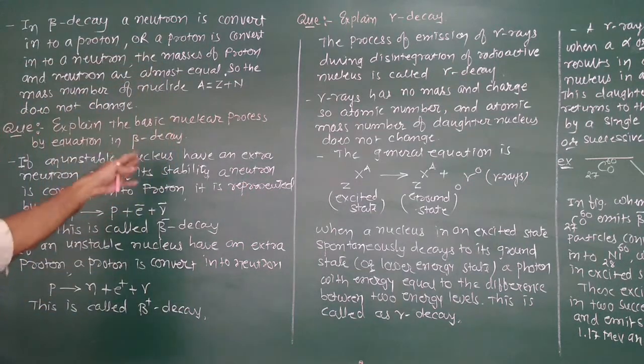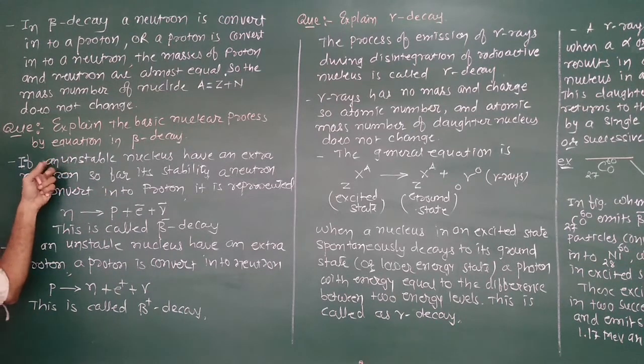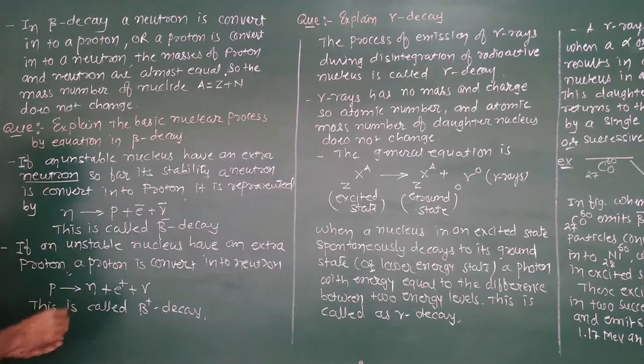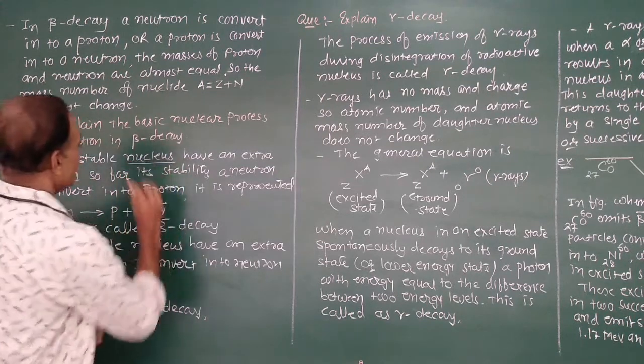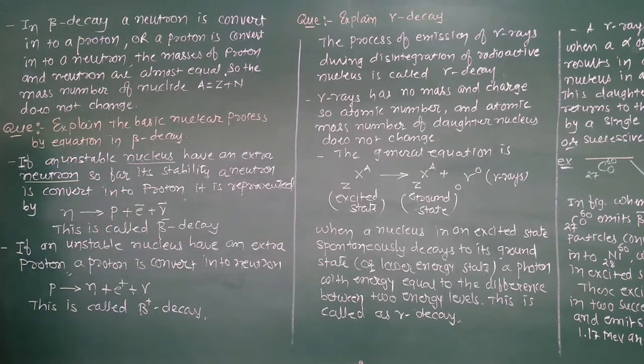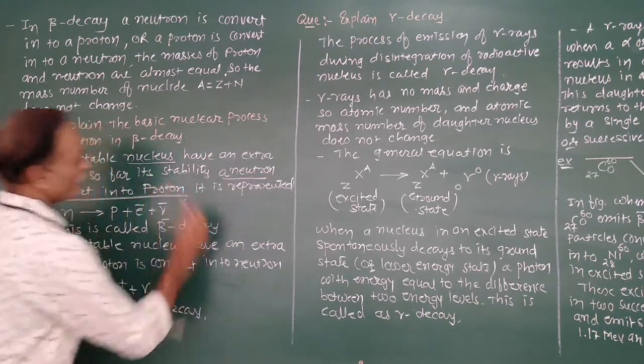The basic nuclear process during beta decay is that if an unstable nucleus has an extra neutron, to obtain stability, a neutron is converted into a proton.